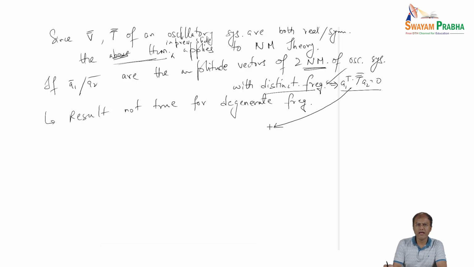From this small discussion, one thing is clearly emerging: if our normal modes are orthogonal, then they must satisfy this matrix vector product.